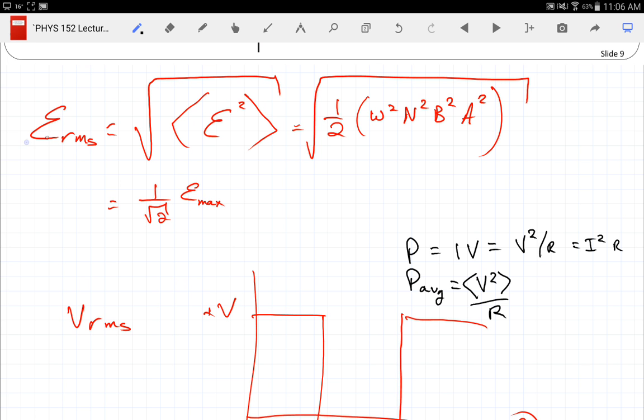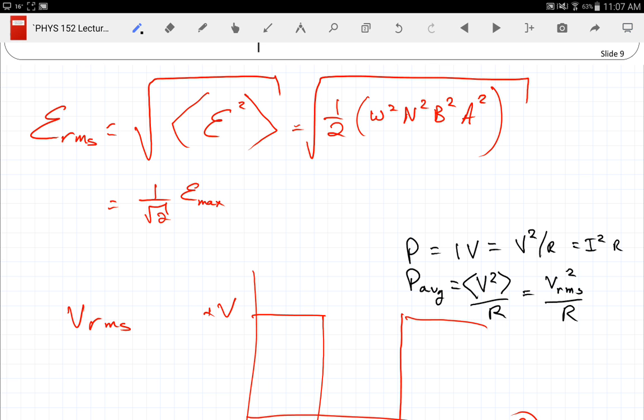And so if I square everything here, I would have the average of V squared is equal to VRMS squared. And so the average power used in a resistor is the RMS voltage squared divided by resistance.